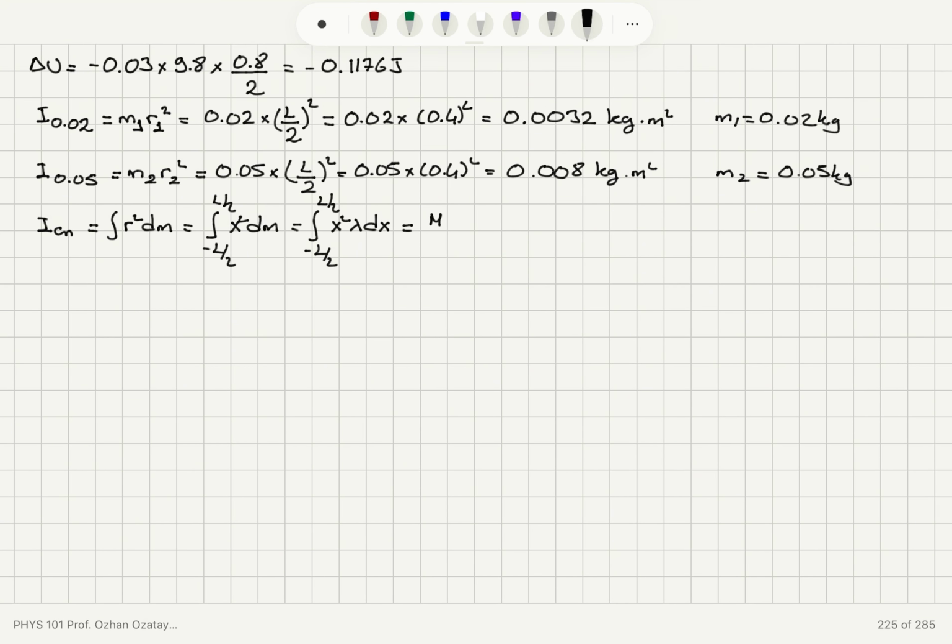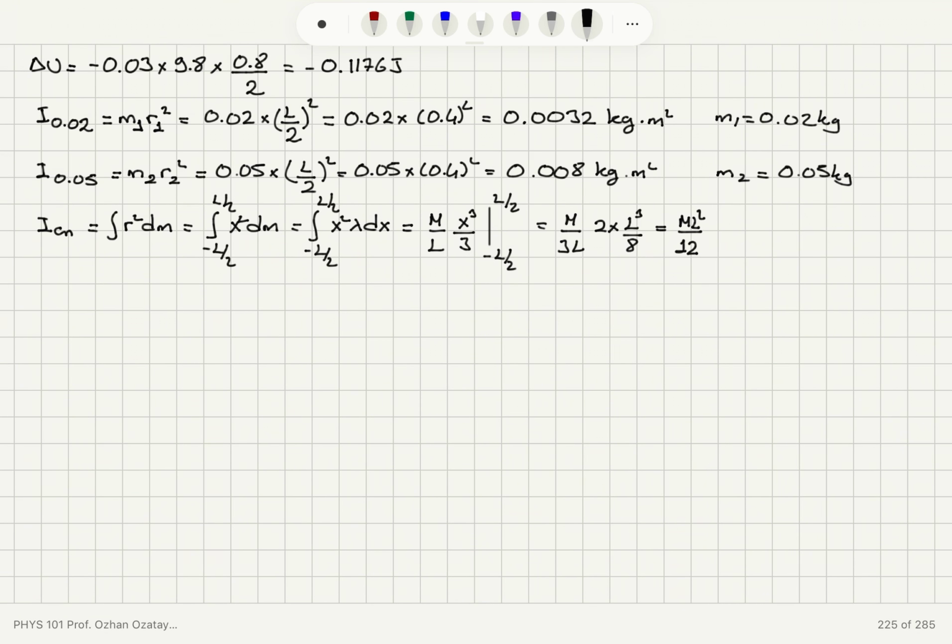Lambda is capital M over L for a uniform rod, and the integral gives us x cubed over 3, evaluated between minus L/2 and plus L/2. So M over 3L multiplied by L cubed over 8 minus minus L cubed over 8, which gives us 2 times L cubed over 8, which is ML squared over 12.